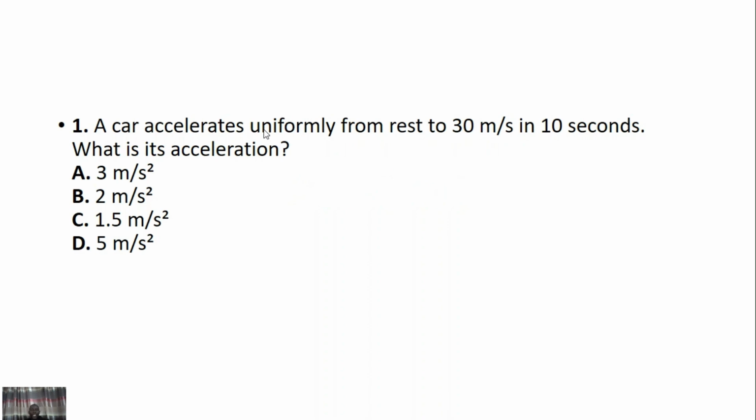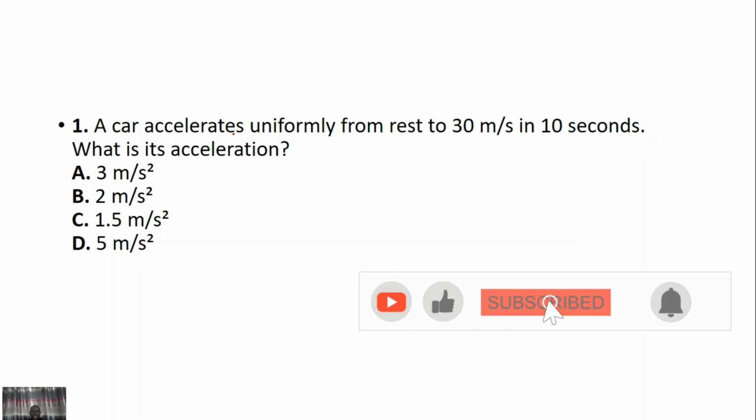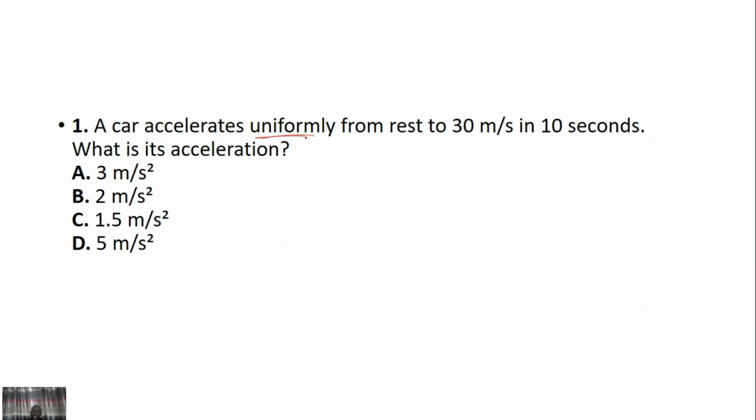Question number one: a car accelerates uniformly from rest to 30 meters per second in 10 seconds. What is its acceleration? Don't forget that the equations that we discussed actually apply to a body that is having uniform acceleration.